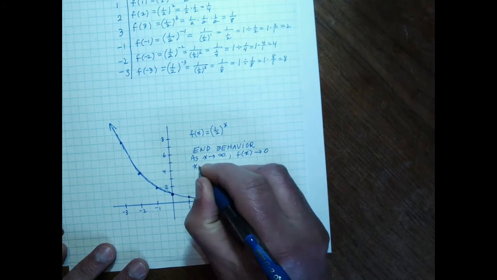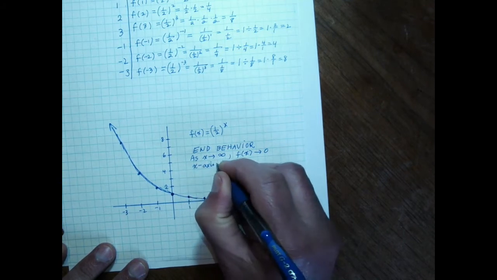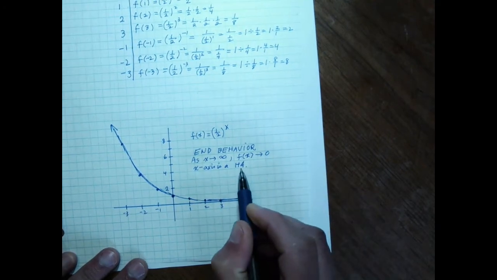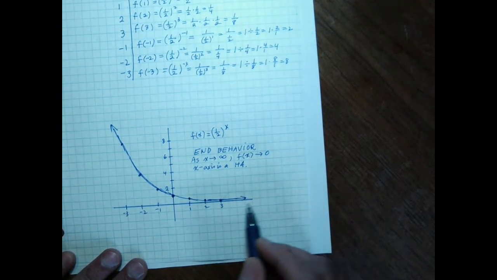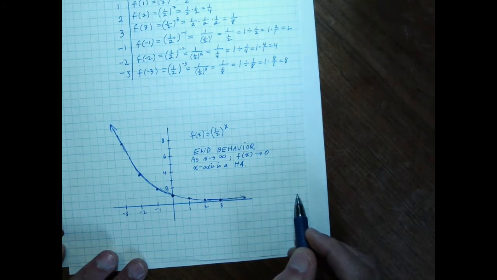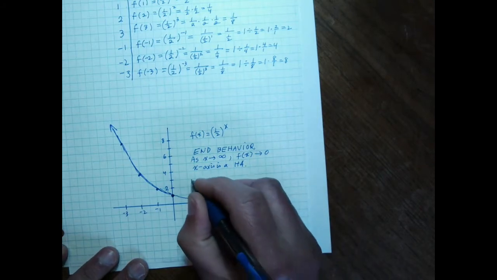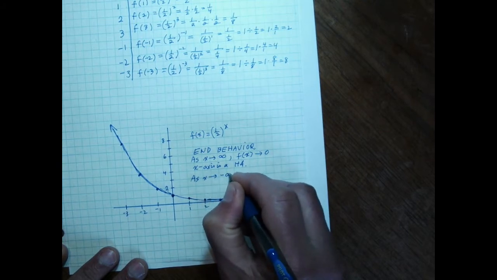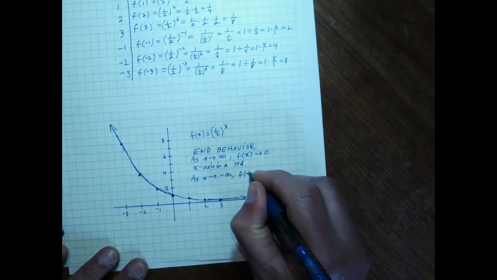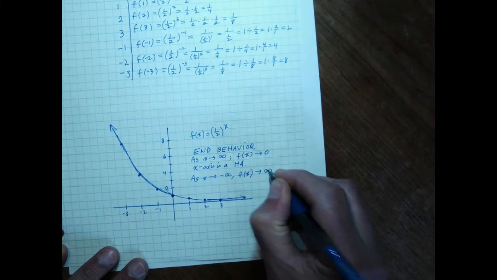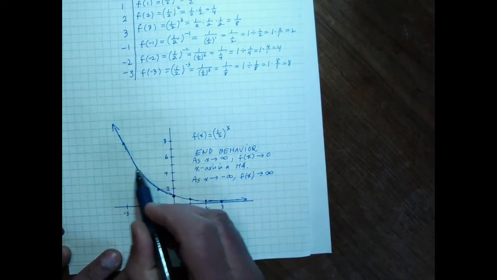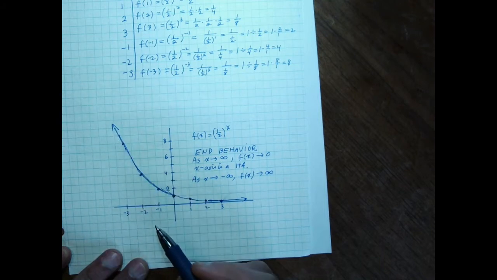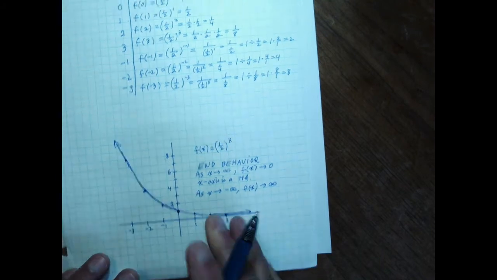We still say the x-axis is a horizontal asymptote, but the meaning of the horizontal asymptote is seen when we move far to the right. As x approaches minus infinity, the function values blow up. That's what it means for the graph to be rising up to the left, like so.